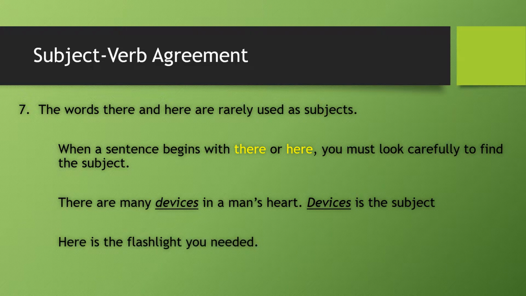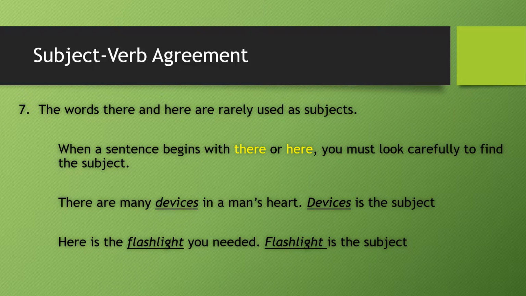Here is the flashlight you needed. In this sentence again, here is not the subject, so we have to look at the sentence and determine what the sentence is about, which will tell us the subject of the sentence. In this sentence, the sentence is about the flashlight. Here is the flashlight you needed.